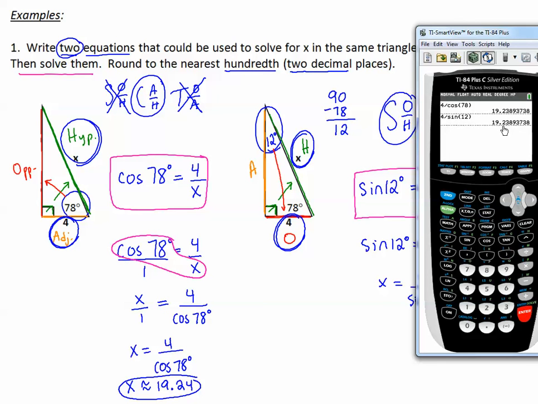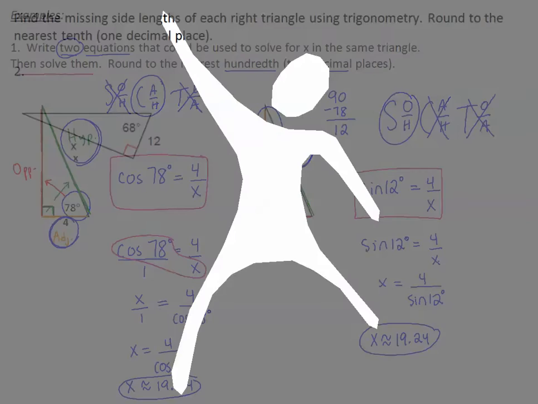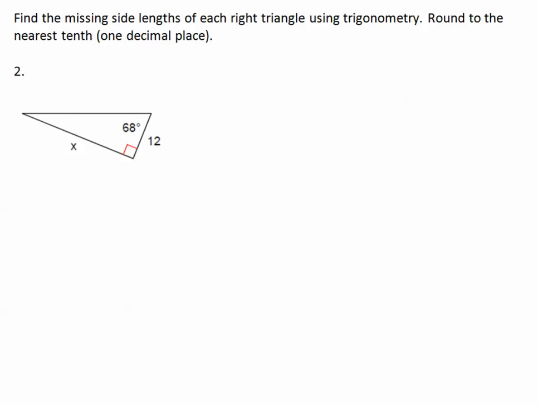Notice we get the exact same thing because we were given the same problem, we just chose to look from a different angle. So again, I can write x is approximately 19.24. Make sense? Let's try a few more and you'll start to get used to it.